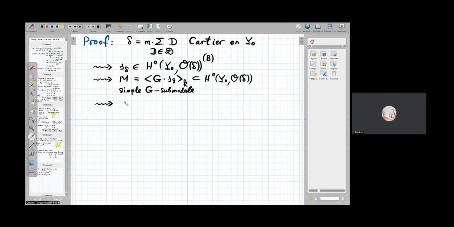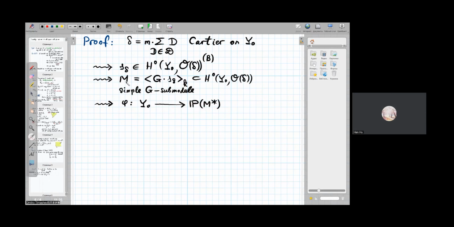So this gives rise, as we know, to a map, say phi, from the homogeneous space Y naught to the projectivization of the dual space M star. On this projective space, the elements of M are just projective coordinates.